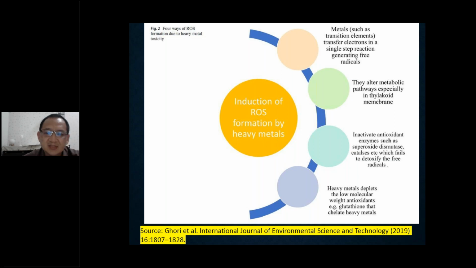So whether the numbers are higher or the levels are lower will determine whether they win the match when they try to drive this ROS away from the living cell. Heavy metals will also disturb antioxidants like glutathione that challenge the heavy metals.